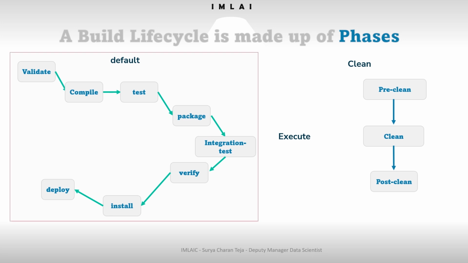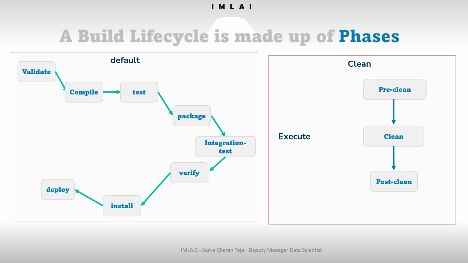So then we have one more life cycle to be seen, that is clean. So, the build life cycle of clean phase. This clean phase is used to clean up the project and make it ready for the fresh compile and deployment.